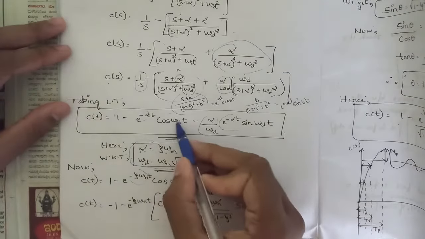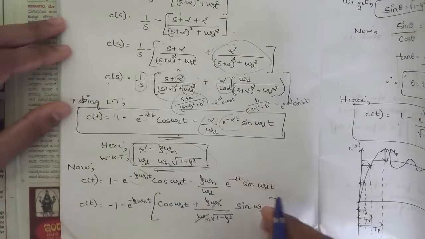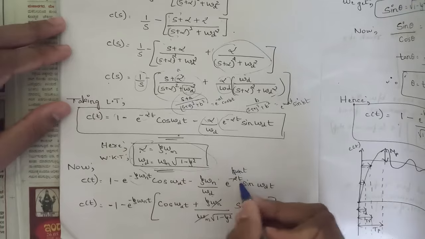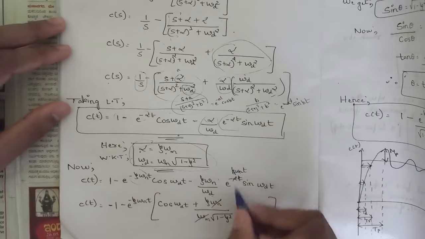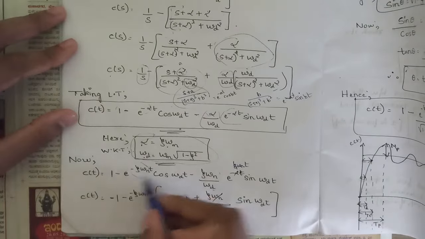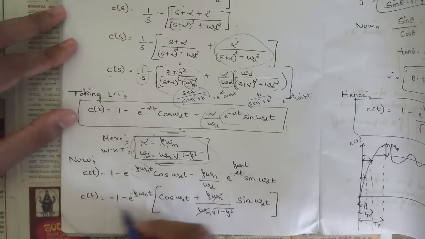Here, in place of cos omega dt we should not be changing anything. Minus, in place of alpha again zeta omega n divided by omega d into e to the power minus zeta omega nt, into sin omega dt. So now here we can take this 1 minus e to the power minus zeta omega nt common.